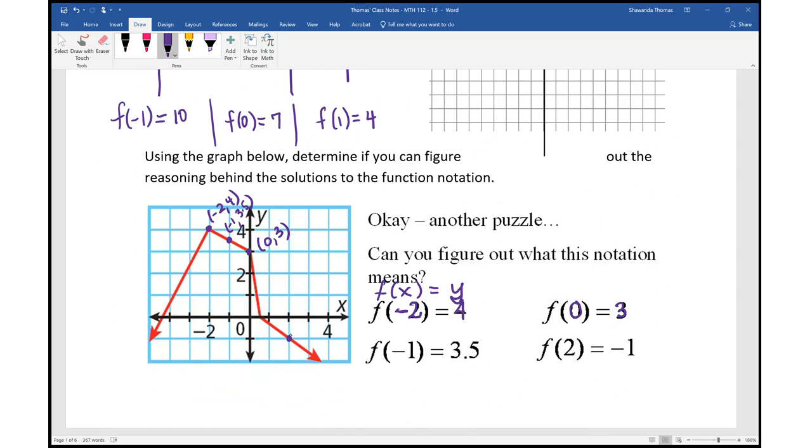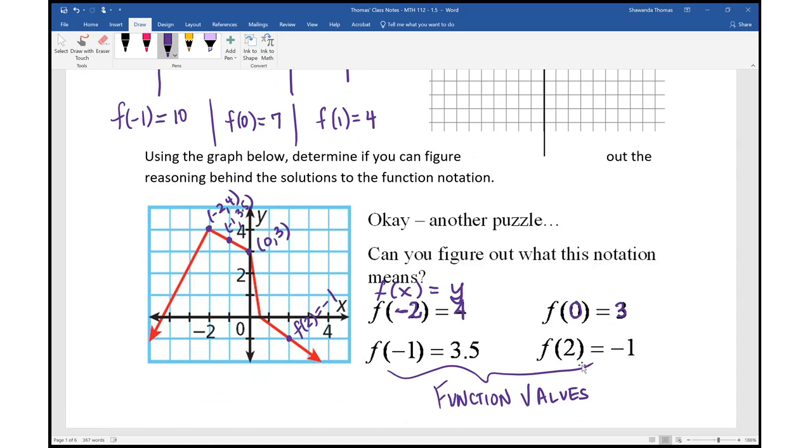Of course, there are millions of points on this graph, but we're just trying to show you the connection between the graph and those function values. So again, this is called finding the function values based off of the graph.